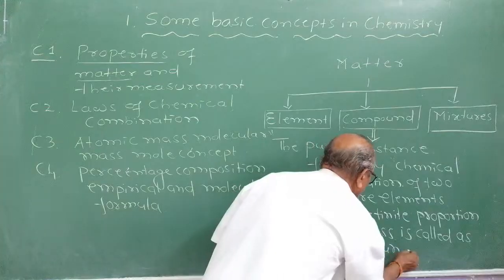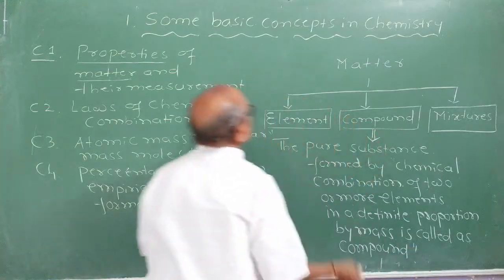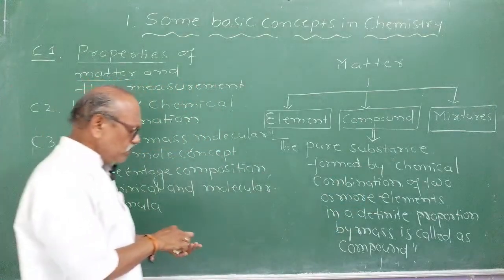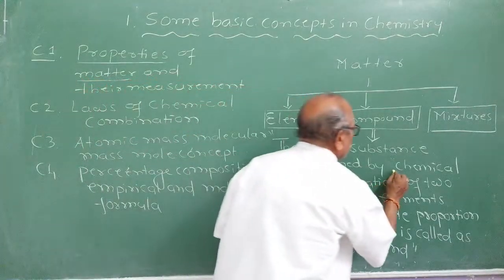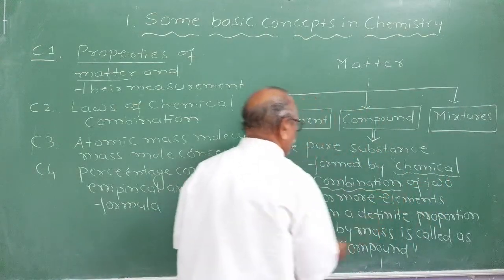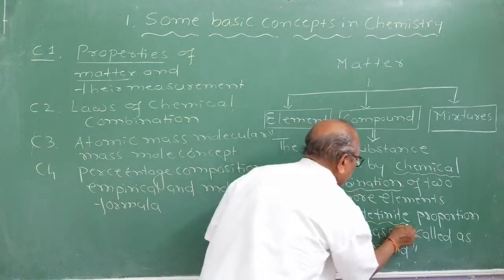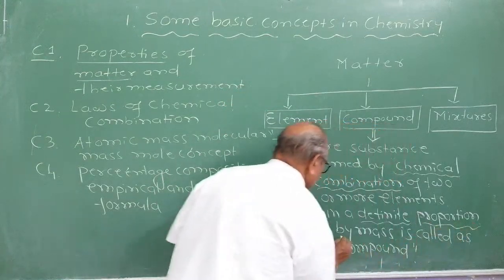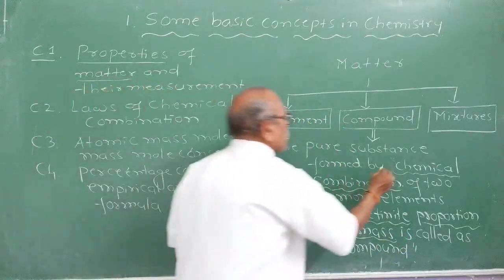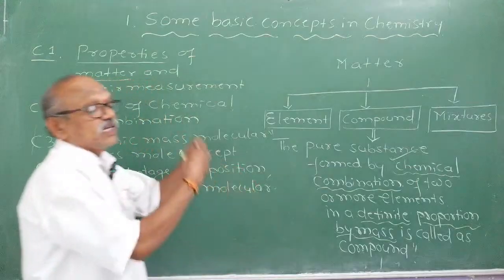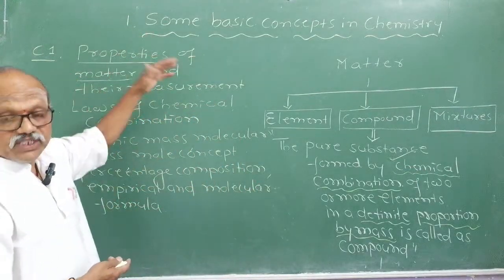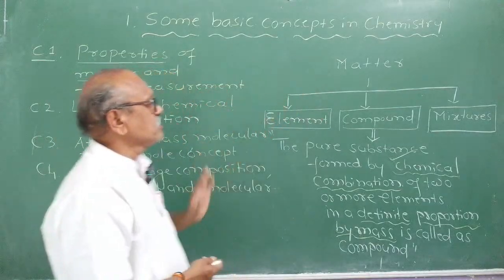In this particular chapter, some basic concepts in chemistry, just observe these words: chemical combination of two or more elements in a definite proportion by mass. How this chemical combination takes place and why it takes place, about that we'll be studying in 11th standard in detail in subsequent chapters.